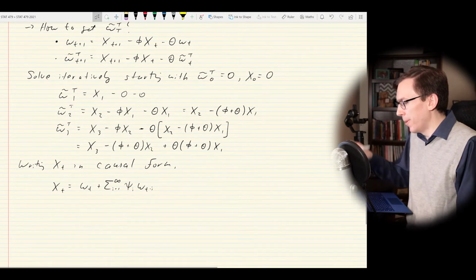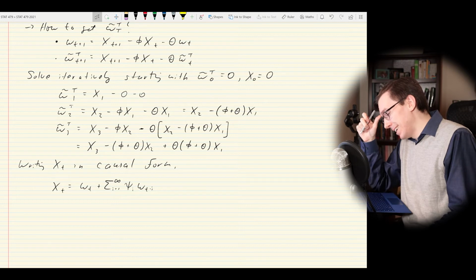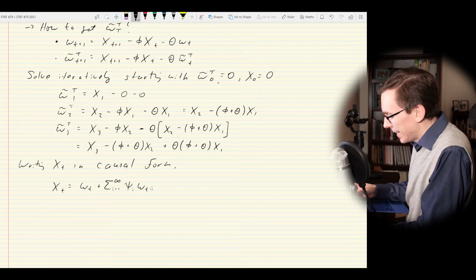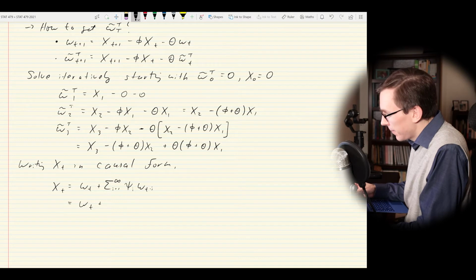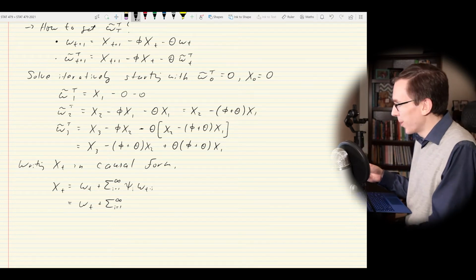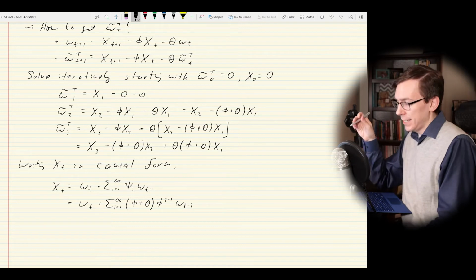But the point is that we can actually compute what psi i is. And we can do that using the tools that we had from way back at the beginning of the course when we talked about causal linear processes. If we do a little bit of work, we can find that psi i should be phi plus theta times phi to the i minus 1, and then the w t minus i is still sitting here.